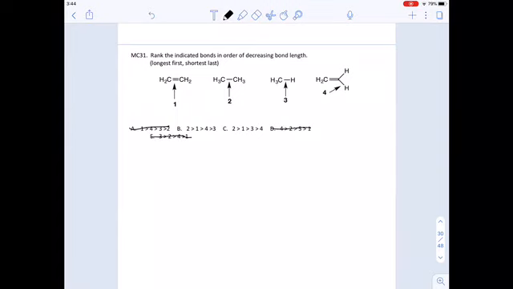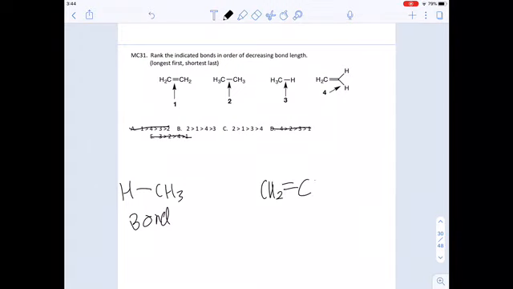So now you're going to want 2 in the front if the longest is going to go first, so you can eliminate anything where 2 isn't the first, which is A, E, and D. So now you only have B and C. Our next longest is going to be our other carbon-carbon bond, which is an alkene in number 1. So both B and C have 2 first and then 1 second, so that's good.